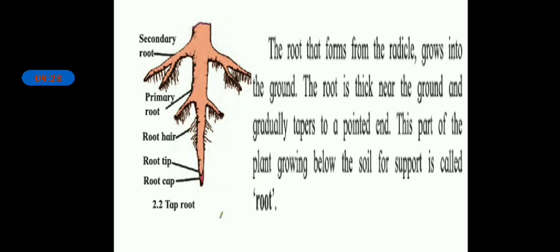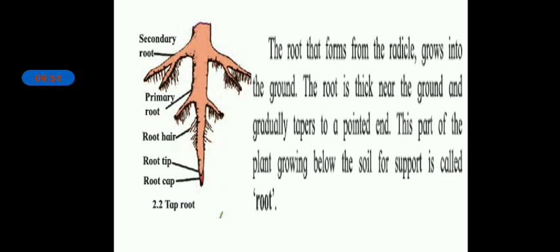After that, at the end of the diagram you can see the root tip. The root tip is the growth point or growth region of a plant. So it is very delicate, and to protect that delicate part of the plant, there is a root cap. A root cap is the part which protects the root tip from injury.